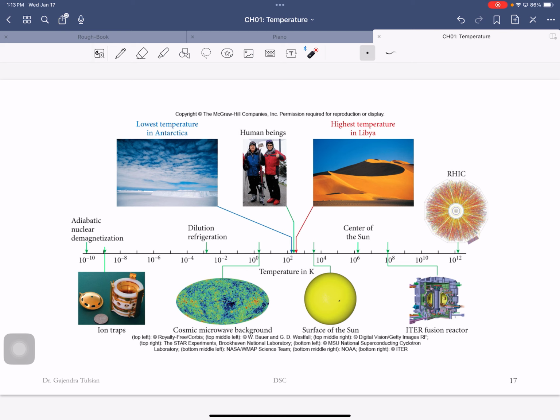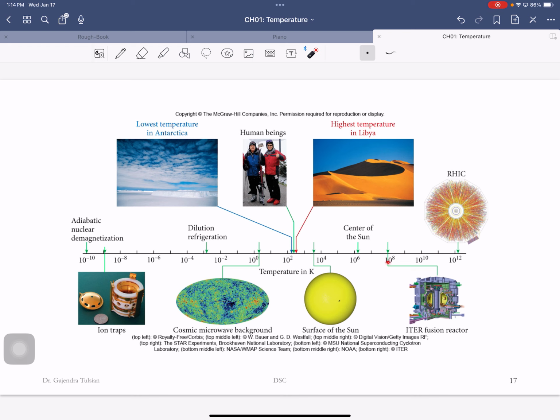See, human experience is in a tiny window. That's the temperature range. Again, the center of the sun is 15 million degrees Kelvin. We are building a fusion reactor, the largest tokamak in France, and hopefully it'll produce electricity in 10 years.